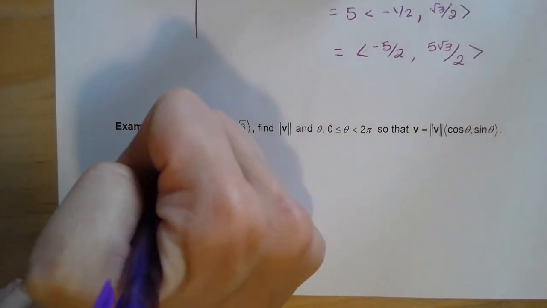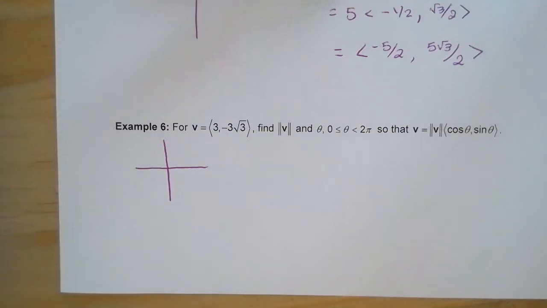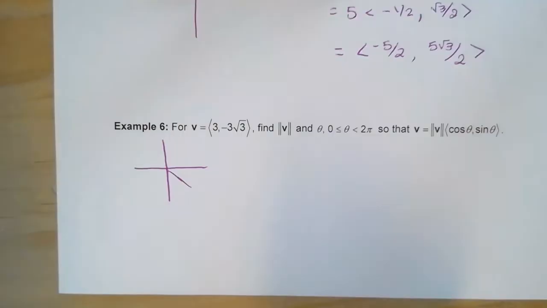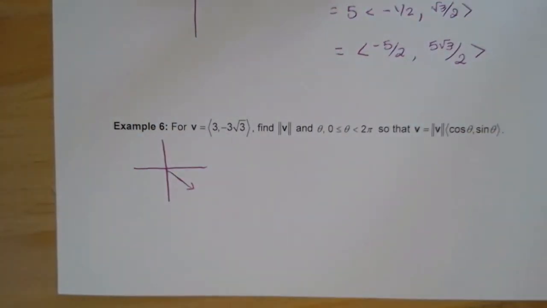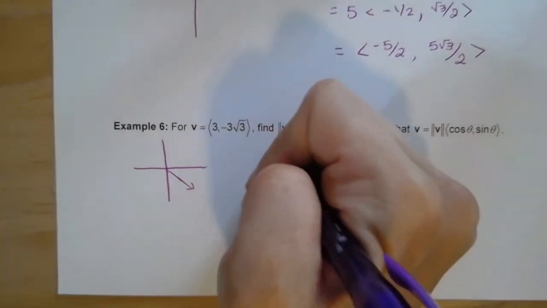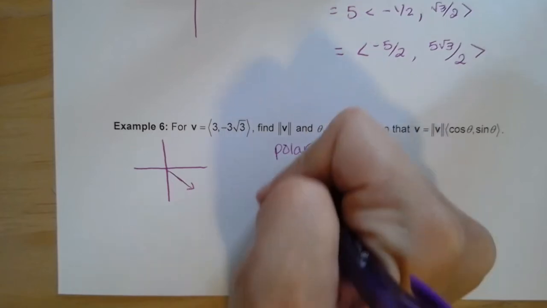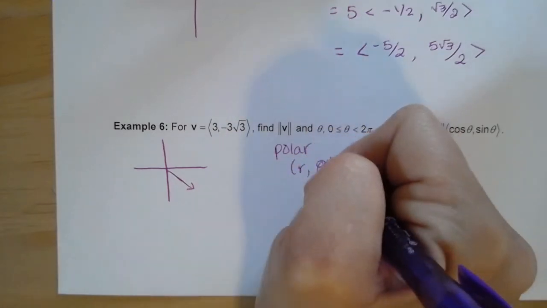Again, I always have to keep in mind what quadrant it is in. So if we look, we're down here. We're in quadrant 4. When we think of this, we have to think of changing it to polar, right? Because polar would be r comma theta.